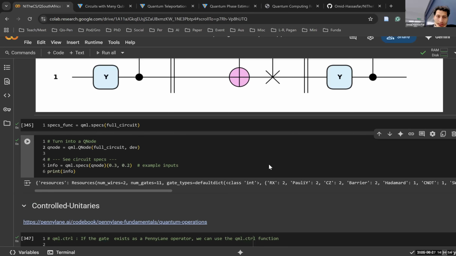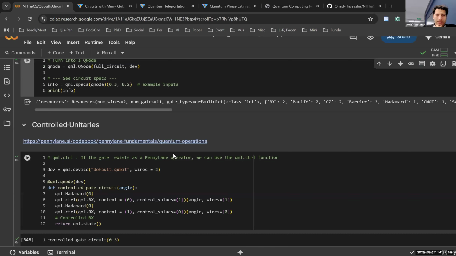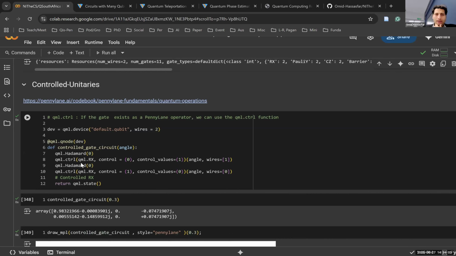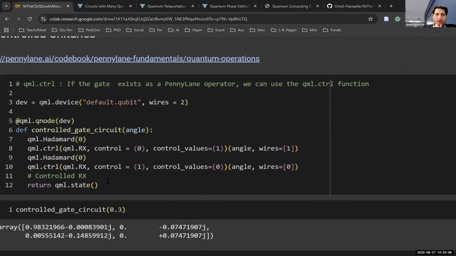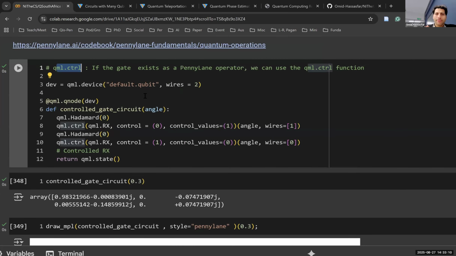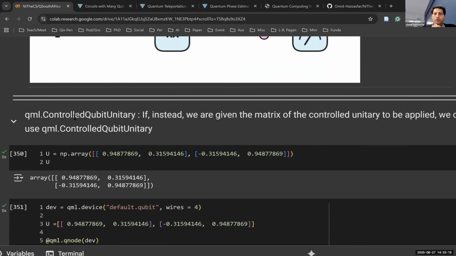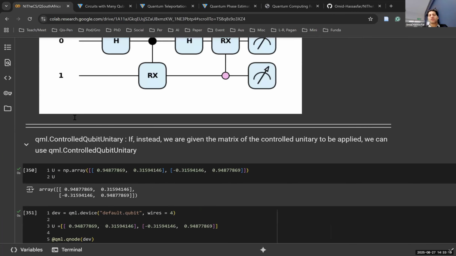But sometimes you need to have more freedom to control your qubits. Here, you need to either use qml.ctrl if the gate exists, or you can use qml.ControlledQubitUnitary if you want a custom matrix to define this kind of controlled unitary function.